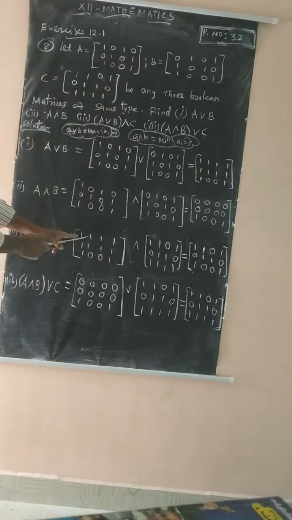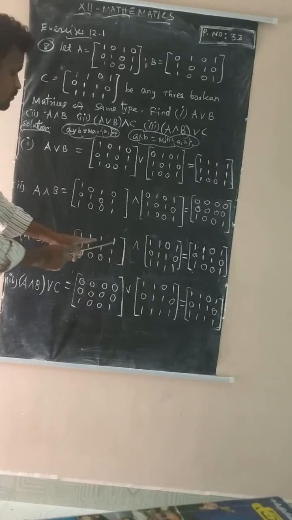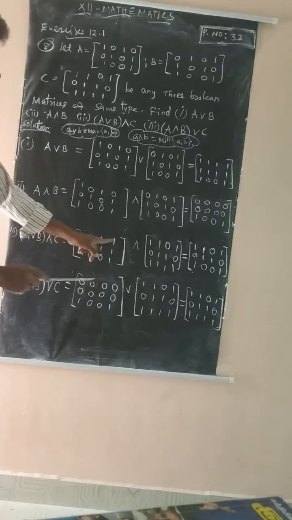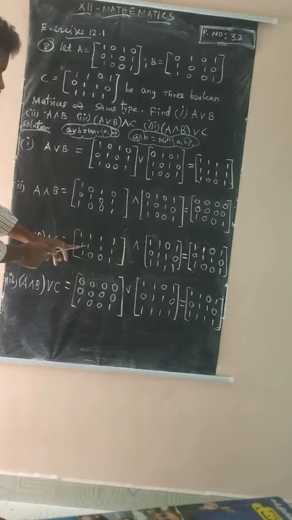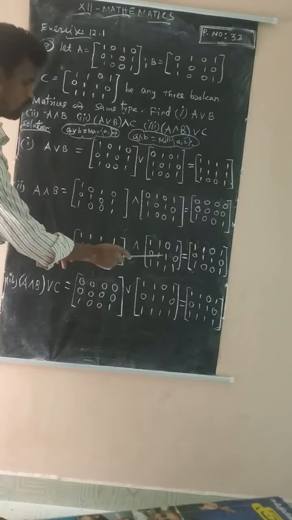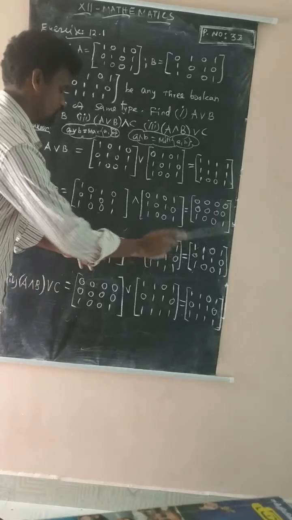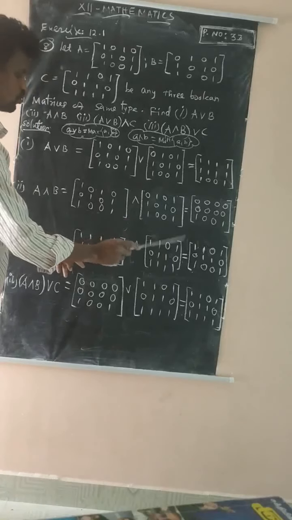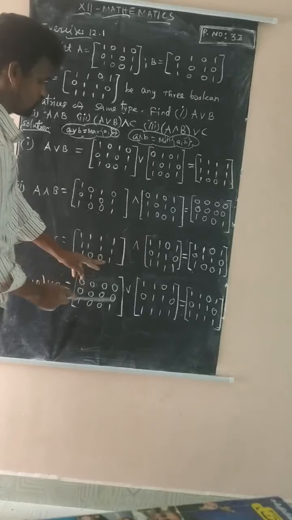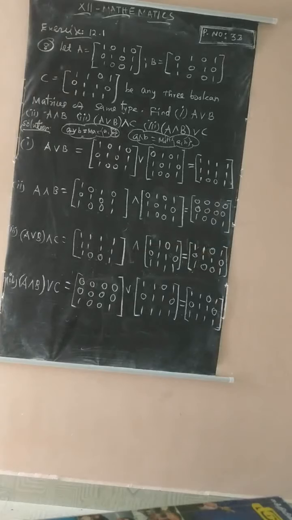So 1 1, minimum 1. 1 1 minimum 1. 1 0 minimum 0. 1 1 minimum 1. In the same manner 1 0 0, 1 1 1, 1 1 minimum 1, 1 0 minimum 0, 1 1 1, 0 1 minimum is 0, 0 1 minimum is 0, and then 1 1 minimum is 1. That's the third subdivision, students.